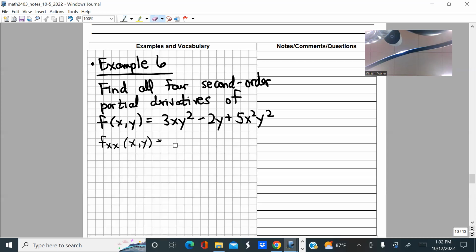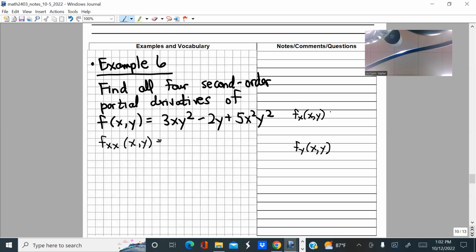So we have to start by finding this partial derivative. And while we're at it, we may as well also find this partial derivative, because I think we're going to use that one as well.